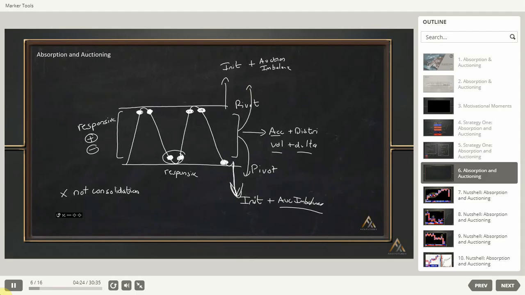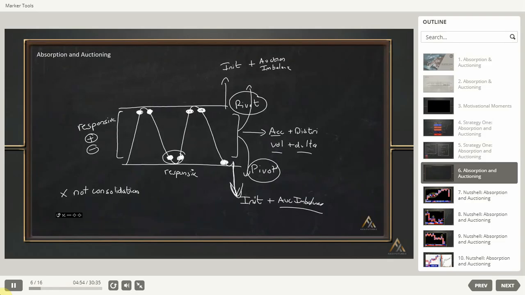You will see much lower relative volume within the zone compared to the break, simply because of the initiative being taken. Again, I don't want to really use the words support and resistance, but you can think of the lower pivot as some sort of initial support, whereas the higher pivot is some sort of initial resistance.